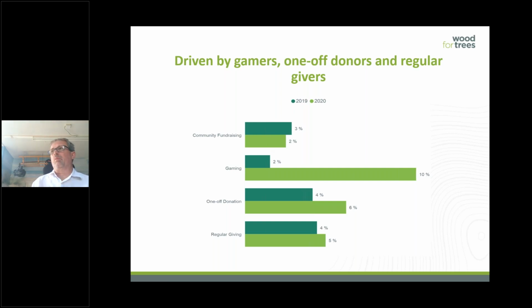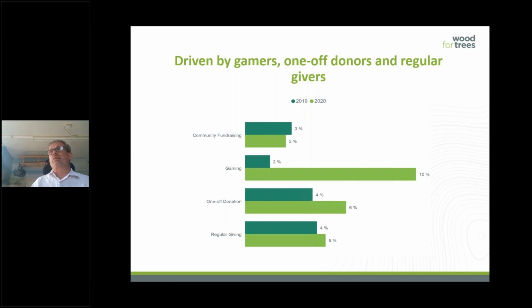But I think what we can see even from the other products, so one-off donation cross-sell is up, regular giving cross-sell is up. So although I'd take a note of caution on that overall extreme increase, there are signs that cross-sell is increasing across a number of products in the portfolio.